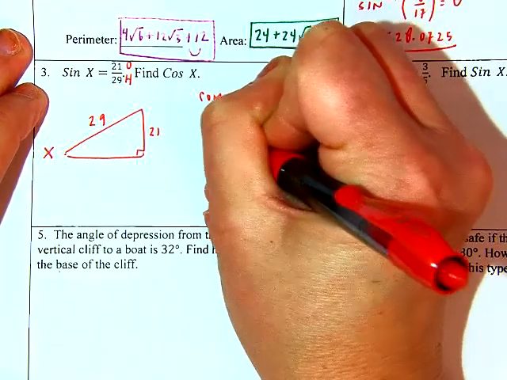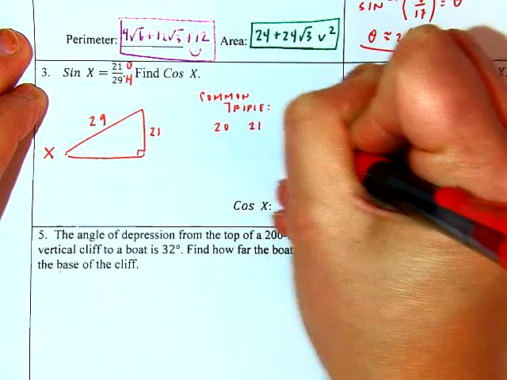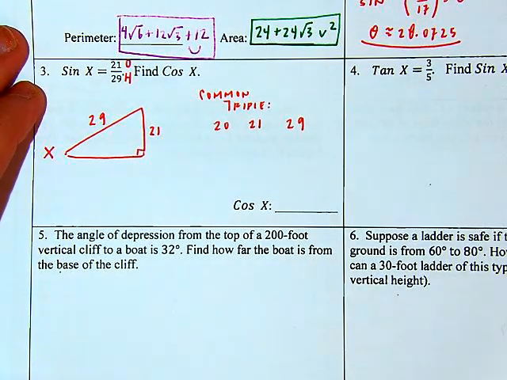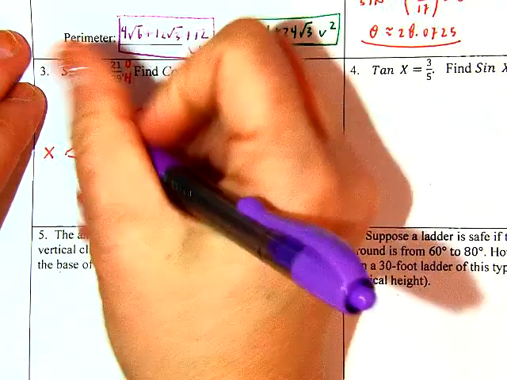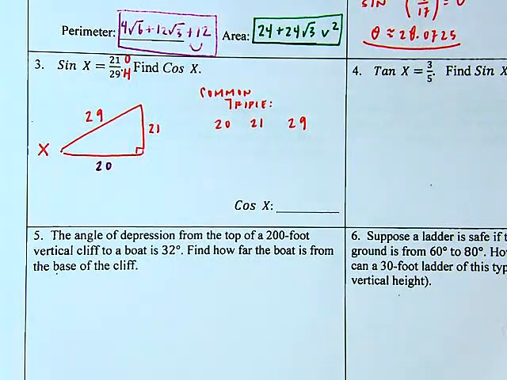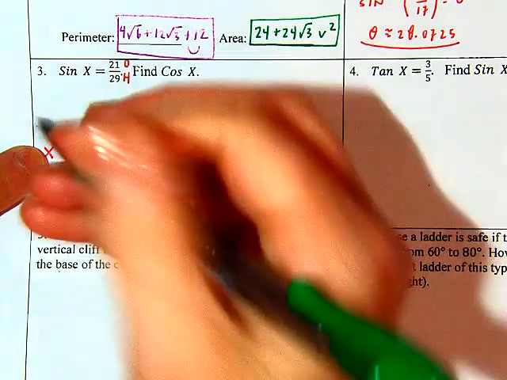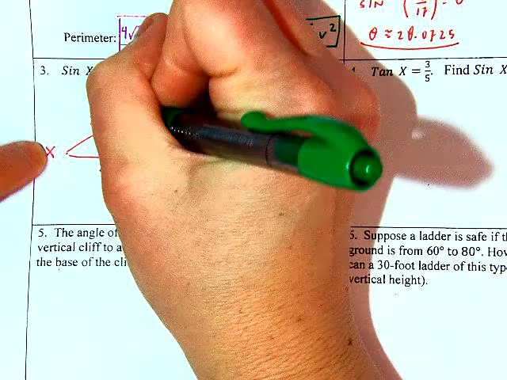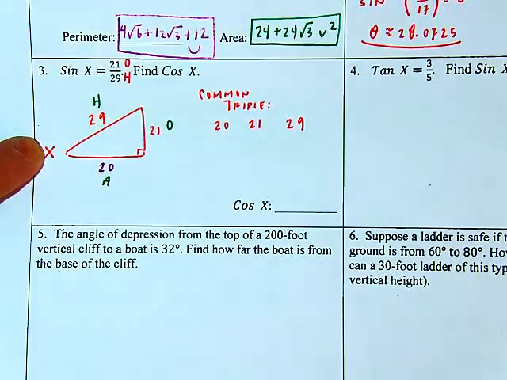And that common triple is 20, 21, 29. So I can see, what are we missing? We're missing the 20 right here. Okay, so in relation to where x is, here is my adjacent side, here is my opposite side, here is my hypotenuse.